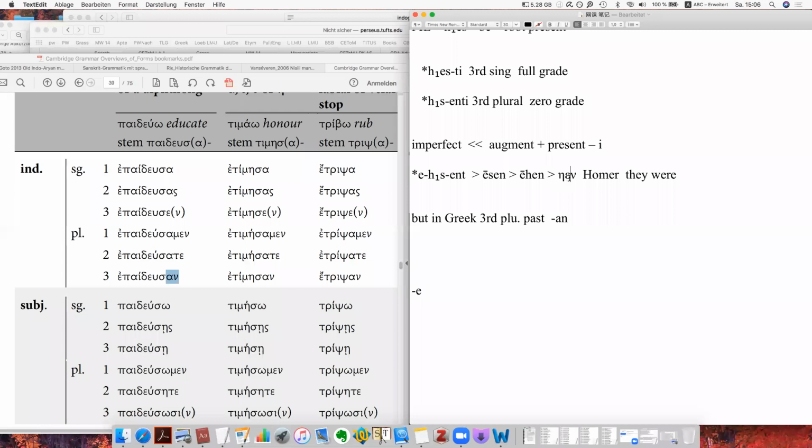So based on the similarity between this form a and it was a, they imagine, well, it is probably third person singular, and with extra a.